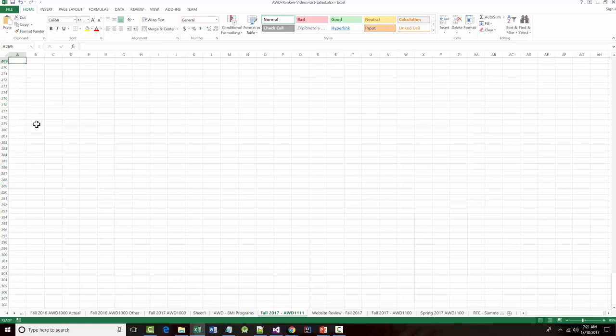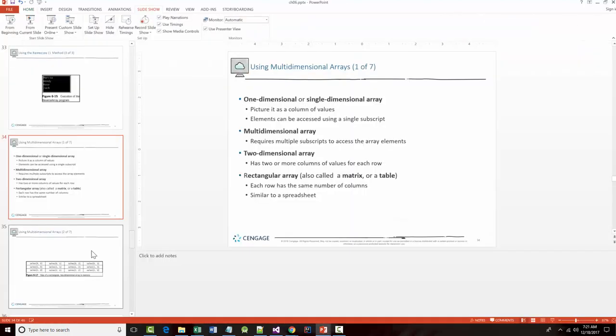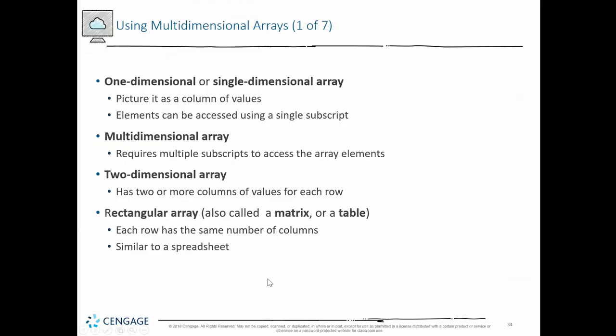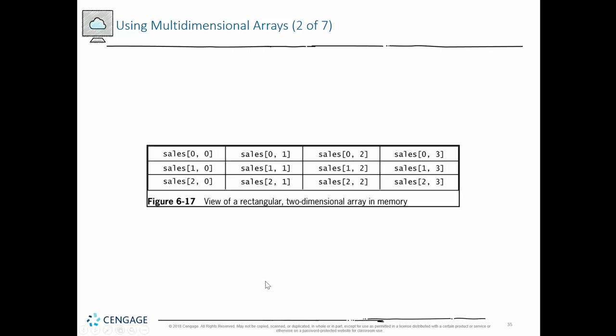It would be 0, 0. You can have an array of as many dimensions as you want. Most people have a hard time thinking about anything higher than a three-dimensional array because it's hard to fathom something when you can't realistically see it in your mind. So there's an example of a two-dimensional array.